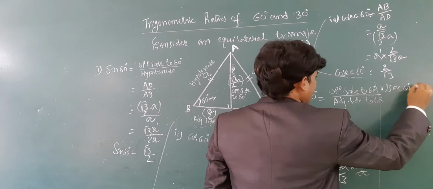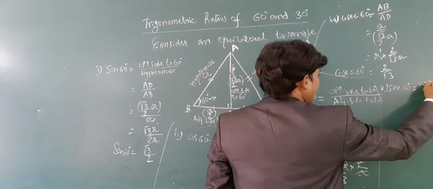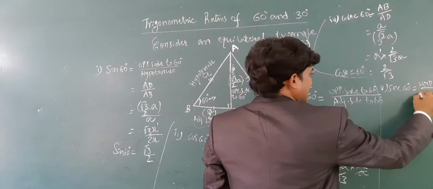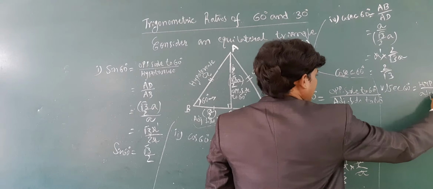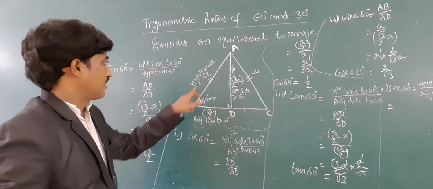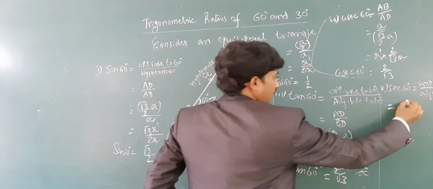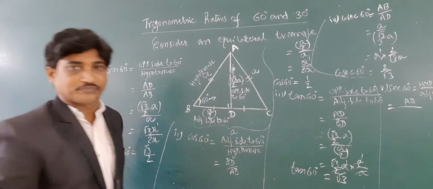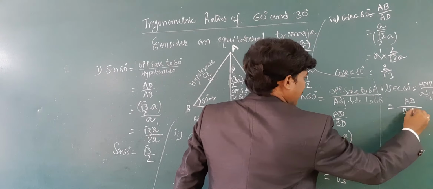Next one, secant 60 degrees. Secant 60 degrees is hypotenuse by the adjacent side to 60 degrees. Hypotenuse is AB, adjacent side is BD.